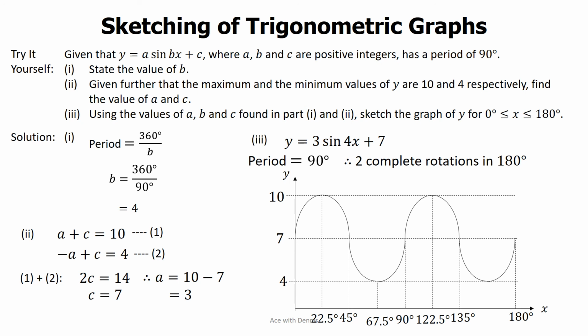Between 90 to 135 degrees will be 112.5 degrees. And lastly, between 135 degrees and 180 degrees is 157.5 degrees. So this is the graph of y equals 3 sine 4x plus 7 for the range of x 0 to 180 degrees. Okay, so do you get the answer correctly?